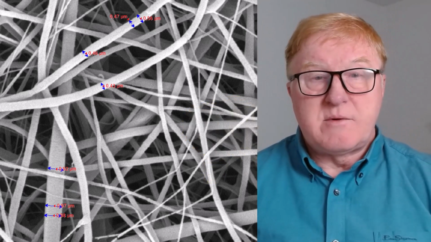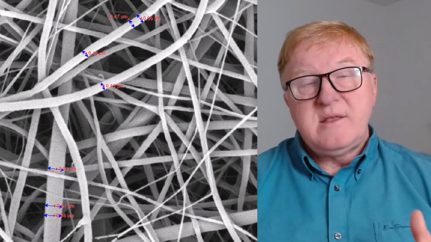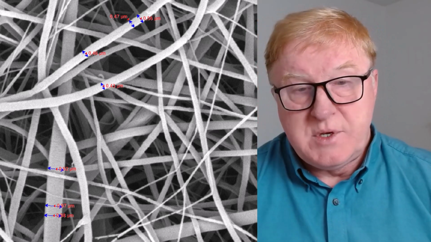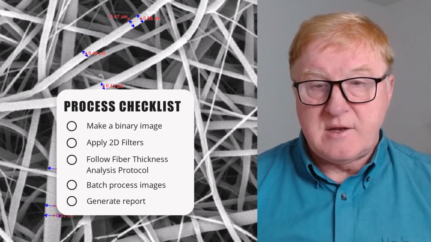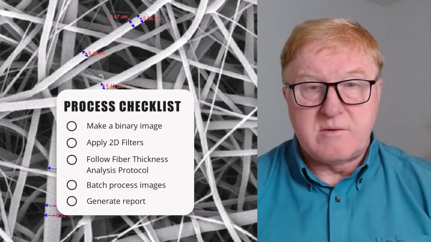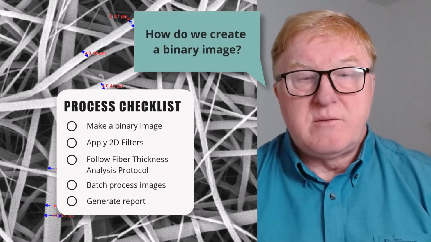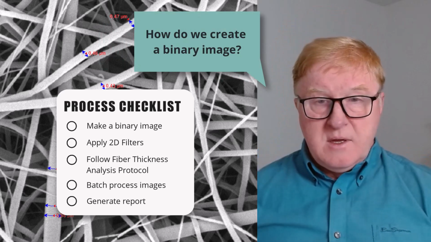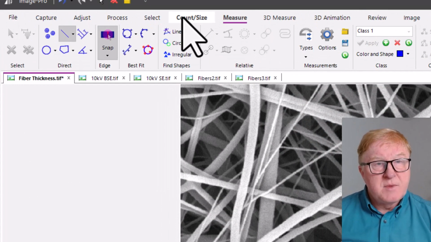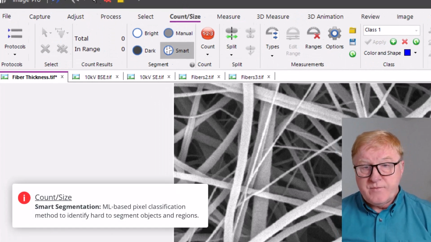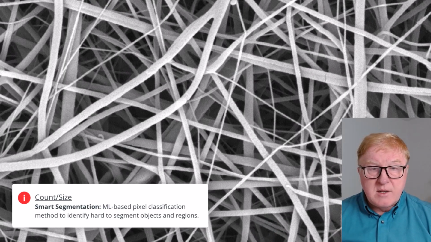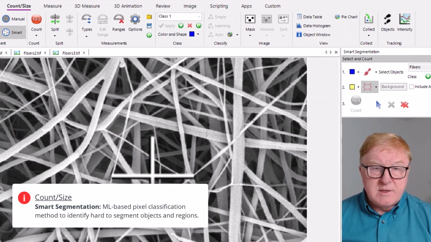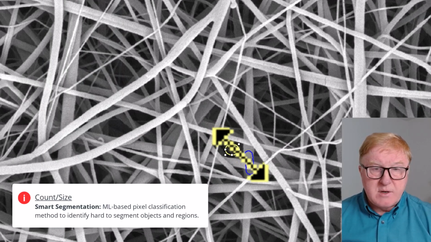So what would be the right approach? I think the right approach would be to make a binary image and then measure thickness on the binarized image. How do we create a binary image from this picture? We can use smart segmentation. In smart segmentation, we just need to mark some areas which belong to fibers and draw some areas that represent background.